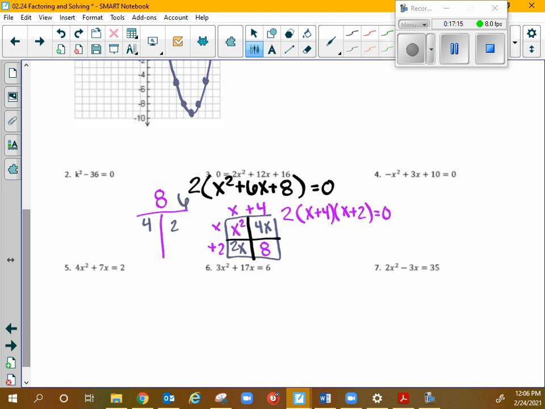Set each one of your factors equal to 0. Now, this 2 has no effect on my x-intercept. So after I factor it out, I'm not worried about it for the solution. So it doesn't need to be multiplied back in. I don't need to worry about it. So x plus 4 equals 0, and x plus 2 equals 0. Then solve those.